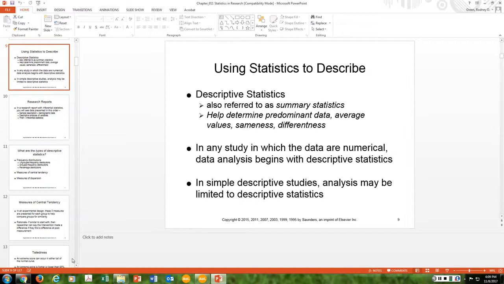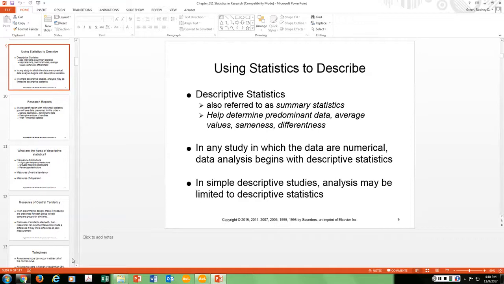Descriptive statistics are also referred to as summary statistics. They help determine predominant data, average values, sameness, and differentness. In any study in which the data are numerical, data analysis begins with descriptive statistics.